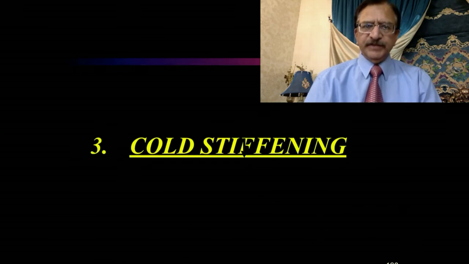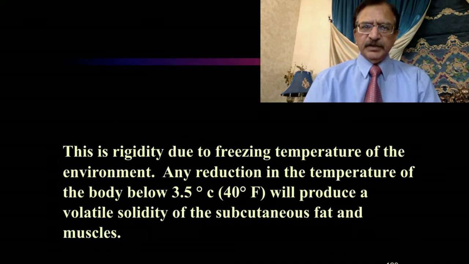Then the cold stiffening. This is a rigidity due to the freezing temperature of the environment. Any reduction in the temperature of the body below 3.5 degrees Celsius or 40 degrees Fahrenheit will produce a solidity of the subcutaneous fluid and muscles, as we have seen with freezing in the freezer.